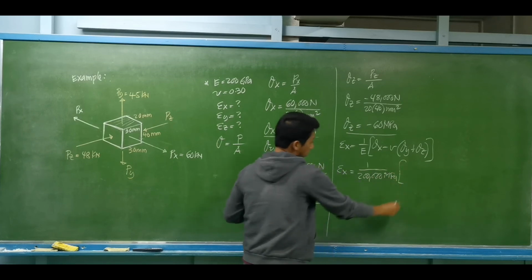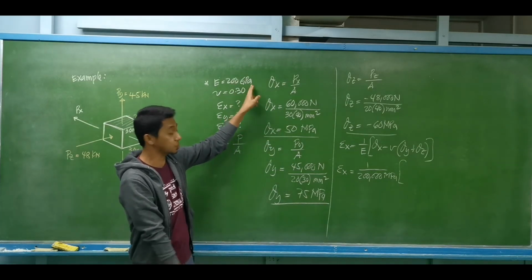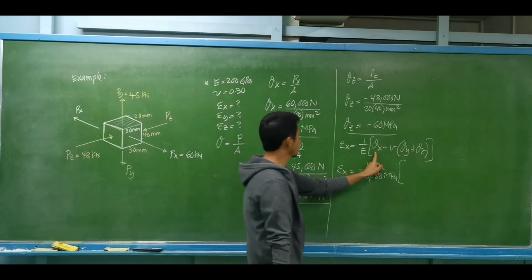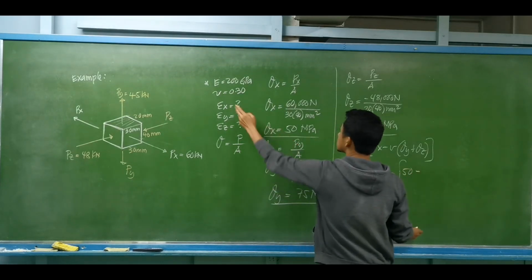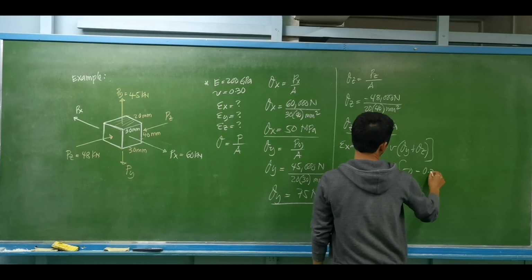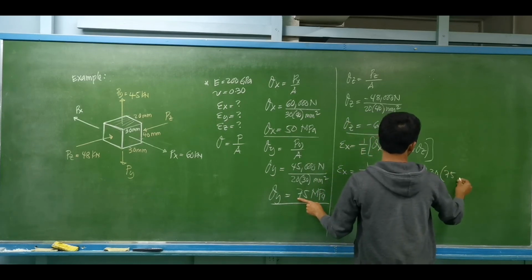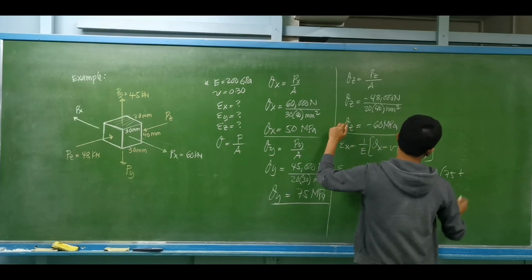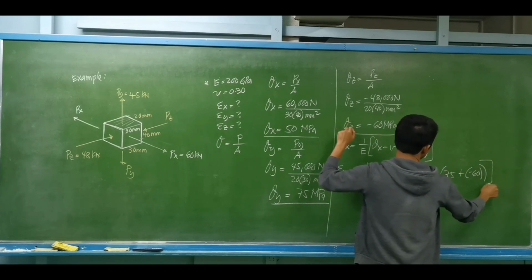To be consistent with our units, I'll be using 200,000 megapascals, the same as 200 gigapascals. So the stress in x is 50 minus the Poisson's ratio 0.30 multiplied by sigma y, which is 75, plus sigma z, which is negative 60 megapascals.